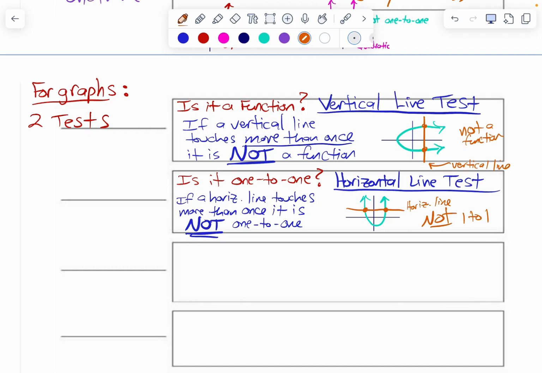Do you guys know how to use the Desmos graphing calculator? You should have a Chromebook. It's just a free website. You just Google Desmos graphing calculator, and then it's ready to go. Oh, I can show you, but let's get everybody caught up here.